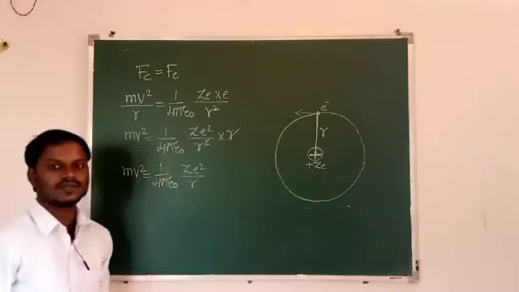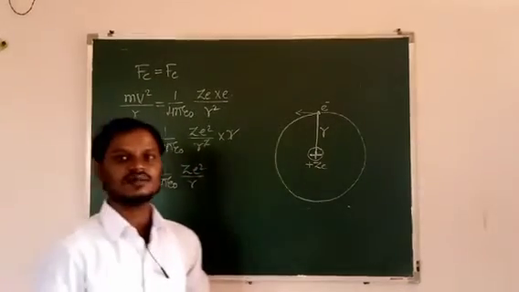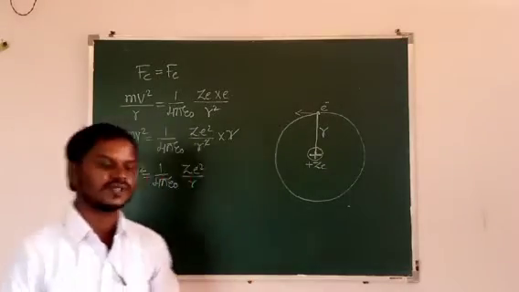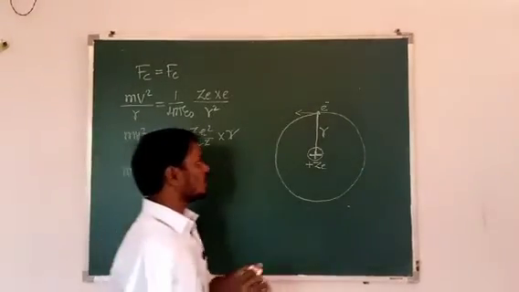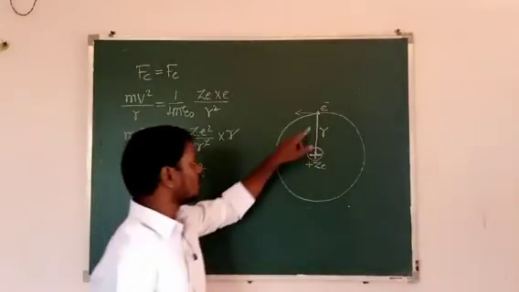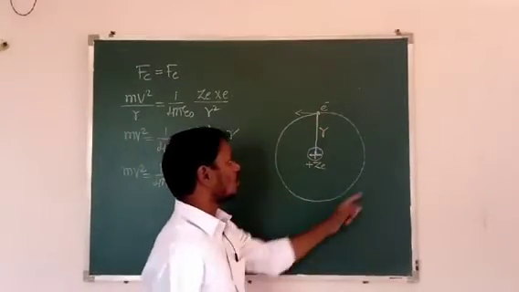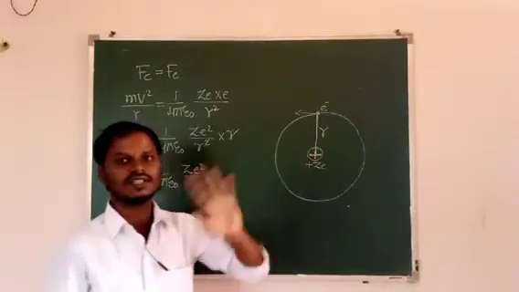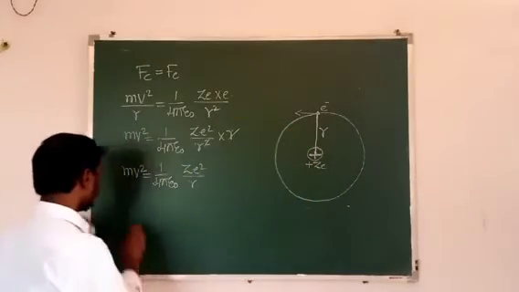Okay. But we require the kinetic energy of the revolving electron. So the kinetic energy of the revolving electron is due to its orbital motion, because this electron is moving in the orbit, which means this electron has kinetic energy.